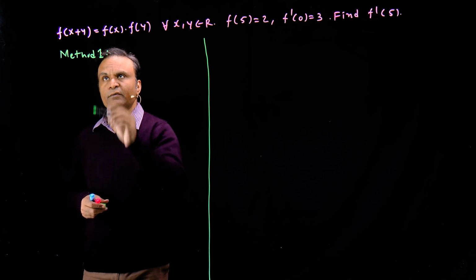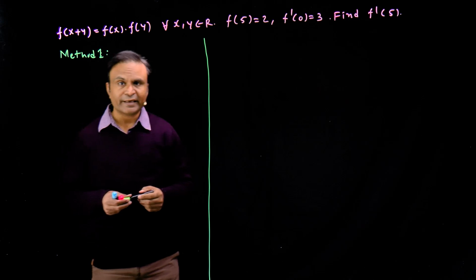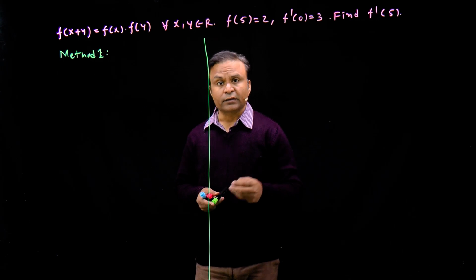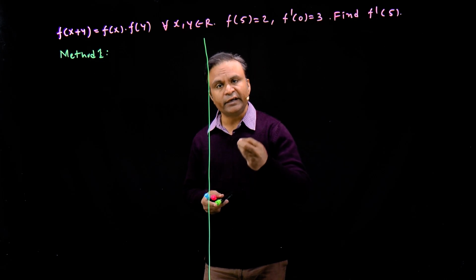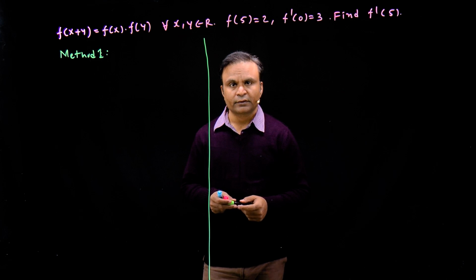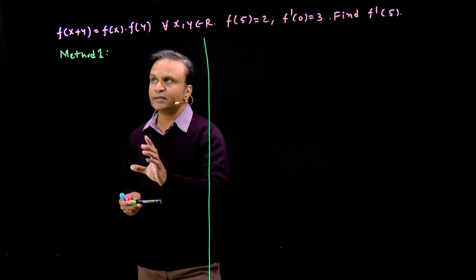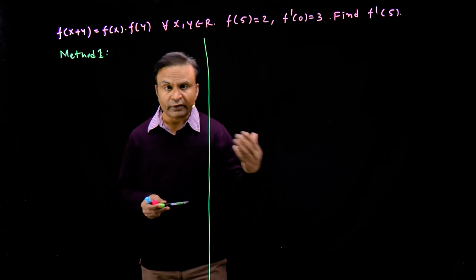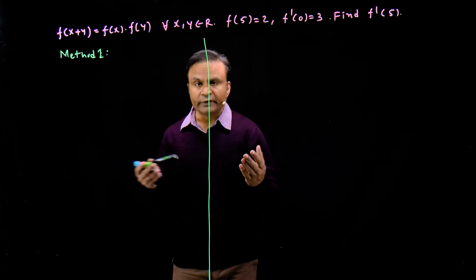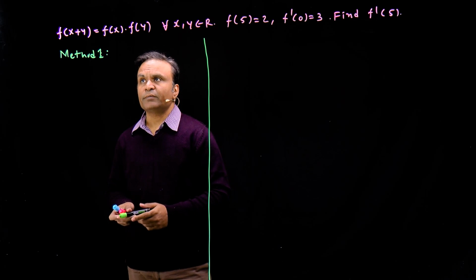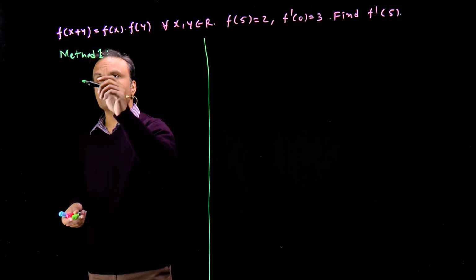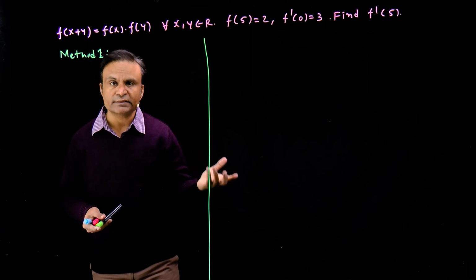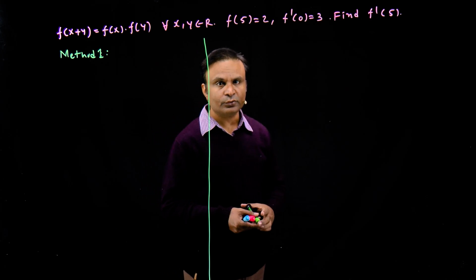Okay, now here we have two variables x and y. Now tell me, are x and y dependent variables or independent variables? Actually this relation is in the form of an identity. Here we can take any value of x and y. We are free to take any value of x and y because if I put x is equal to 1 and y is equal to 2, I will put on the RHS also x is equal to 1 and y is equal to 2.